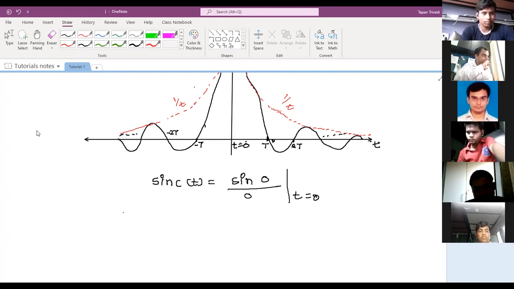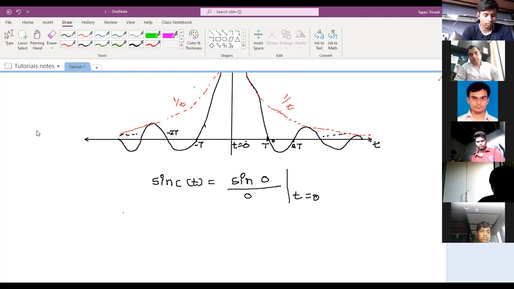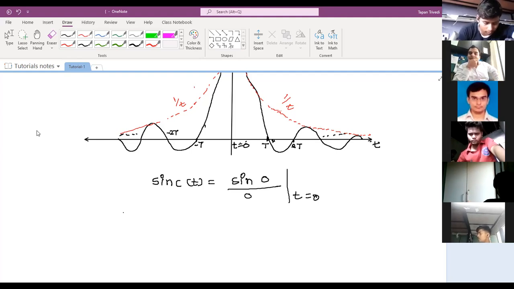Because sin 0 is 0, so 0 by 0 is 1? No. 0 by 0 is an undefined value. It cannot be defined, dear. 0 by 0, 1 by 0, anything divided by 0 is undefined, right? Infinity by infinity is also not defined.